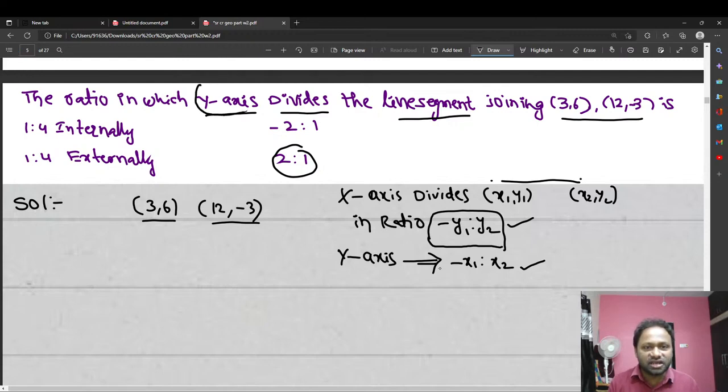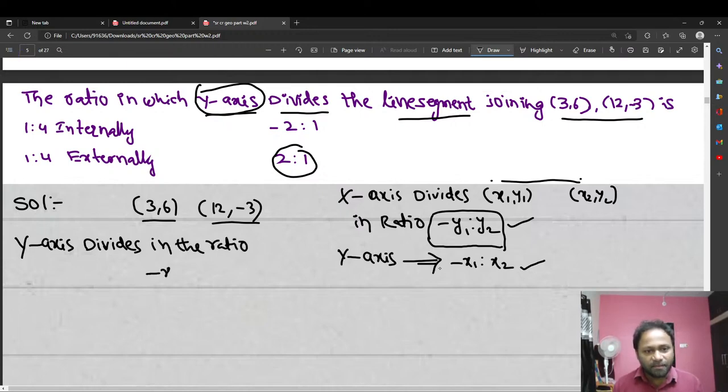In the question, the y-axis divides in the ratio, what will the ratio be? Minus x1 is to x2. Here this is x1 and this is x2.